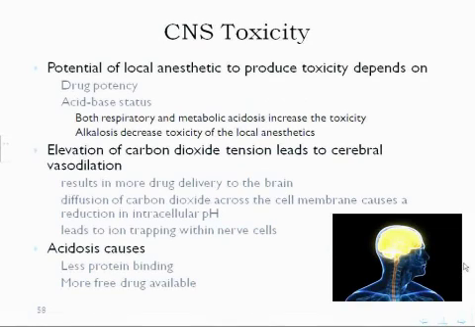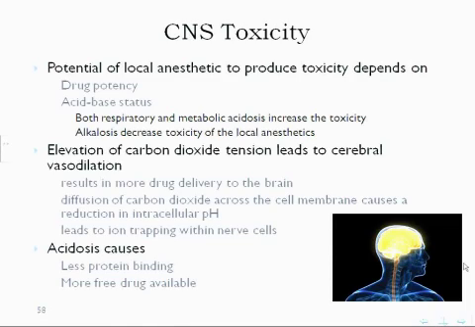The CNS toxicity will depend on the drug potency and acid-base status. If the person is becoming alkalotic, okay, the medication will more likely penetrate into the brain. So both respiratory and metabolic acidosis increase the toxicity. Acidosis increases the toxicity of the medication, and alkalosis decreases the toxicity of local anesthetics.